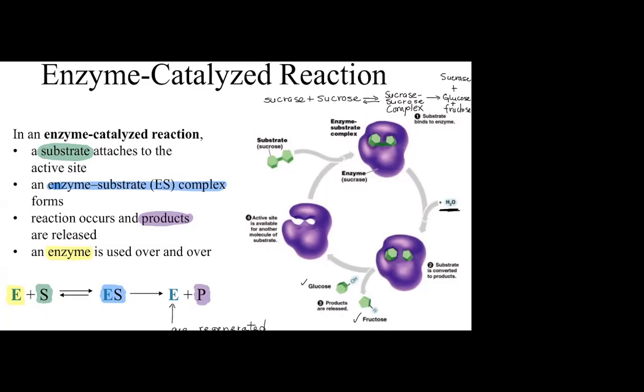So looking at this reaction overall, and since I just mentioned the different classifications of enzymes, since sucrase actually utilizes water to break a bond between glucose and fructose in the sucrose molecule, what will be the classification for a sucrase molecule?